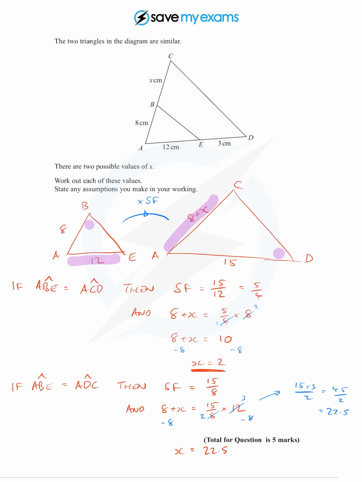And I've still got the minus 8, and so x is in fact equal to, well, if I take 8 away from 22, I get 14. And I've still got the 0.5, so x is 14.5. And we're in centimetres, so let's put centimetres on both things there.